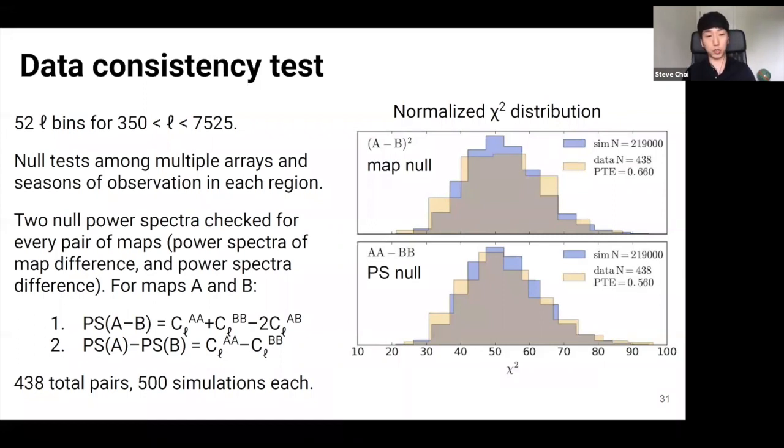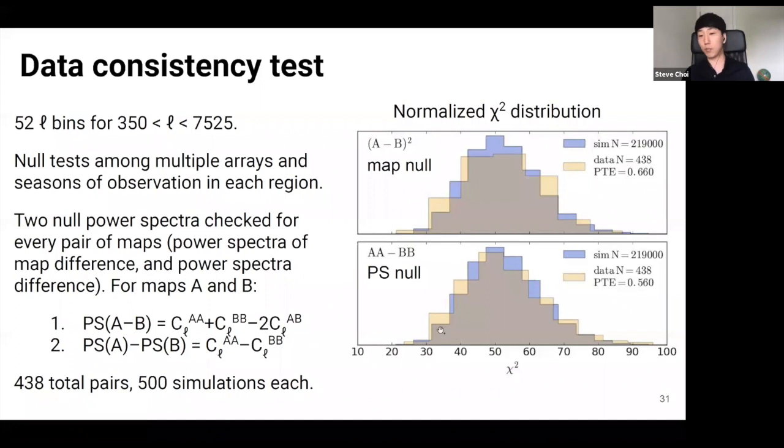We do this in two different ways: taking the power spectrum of the difference of the maps A and B, or taking the difference of the power spectra of the maps themselves, A and B. There end up being 438 total pairs where we can do this null check, and for each of these, we have 500 simulations run.